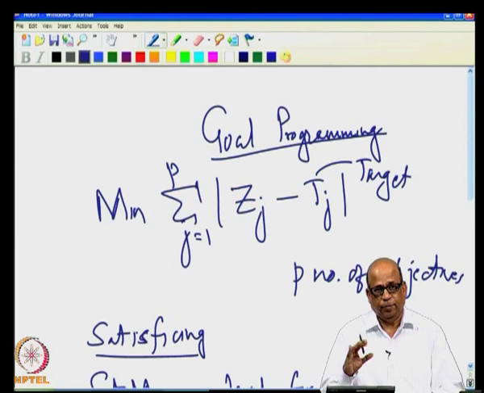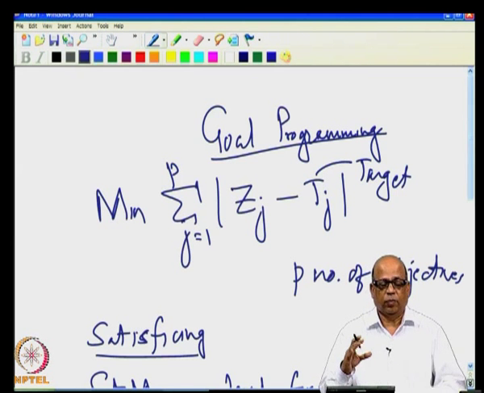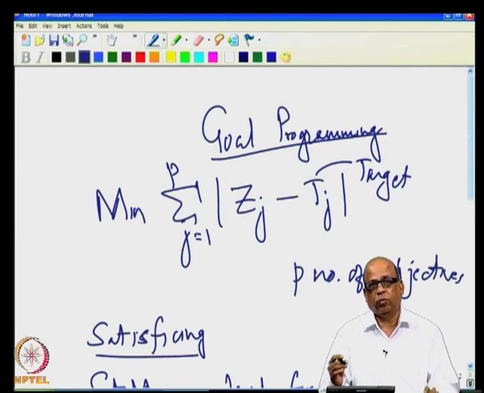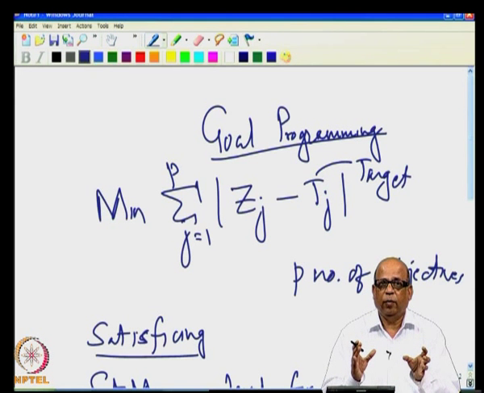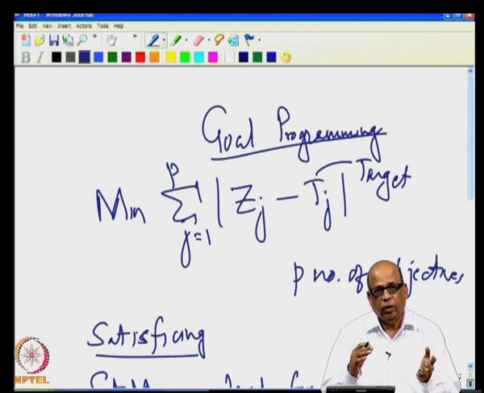So, you generate a set of non-inferior solutions either using the weighting method or the constraint method or even the goal programming method, etc., and then use screening alternatives to screen out several of these solutions. So, essentially in multi-objective planning or multi-objective optimization, you have a number of different objectives, all of which may either be maximized or minimized and so on. Many of them will be conflicting with each other.